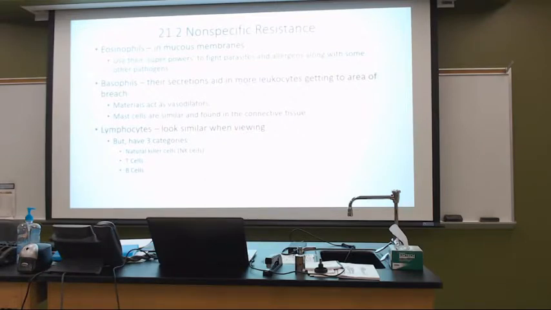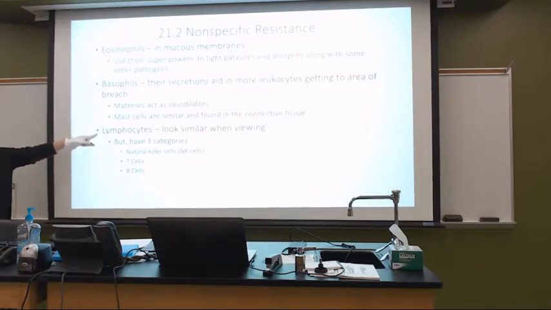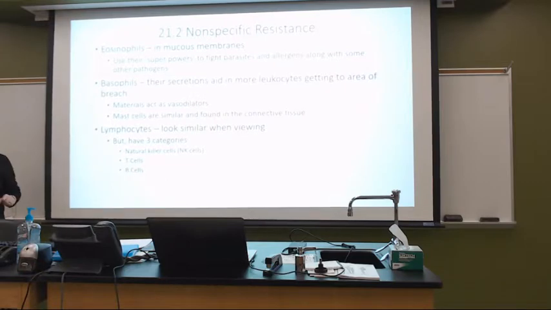Lymphocytes. Different from the monos. In that pluripotent stem cell in the bone marrow that's giving rise to red blood cells and white blood cells, the colony-forming units, we have our colony-forming unit just for lymphocytes.